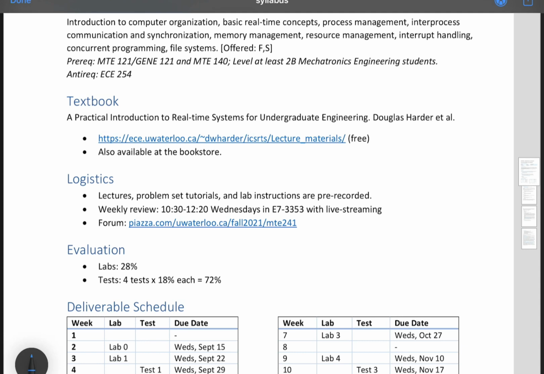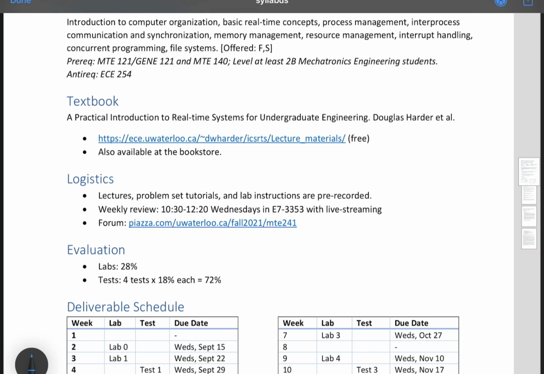The logistics for the delivery for this term are that the lectures are all pre-recorded. There are problem sets, and the tutorials for those are also pre-recorded and posted, as are the lab instructions. What we'll be doing in person is every week during the tutorial time, I'm going to be there and I'm going to do a review.